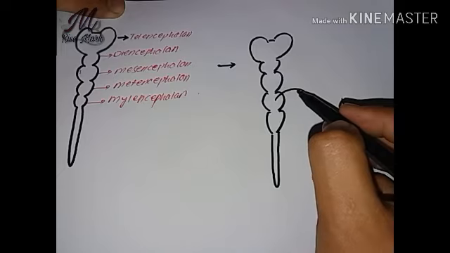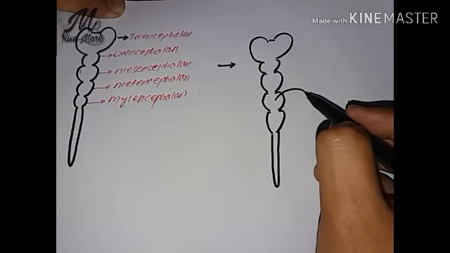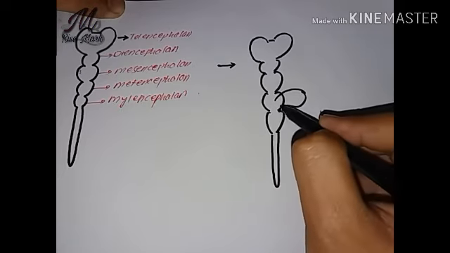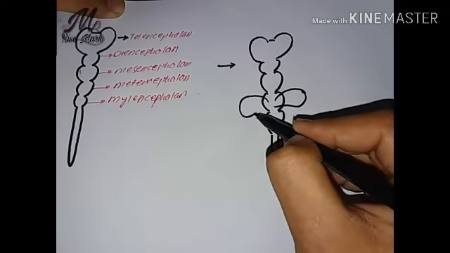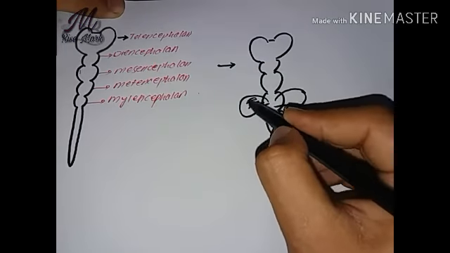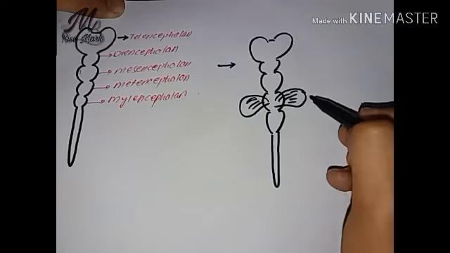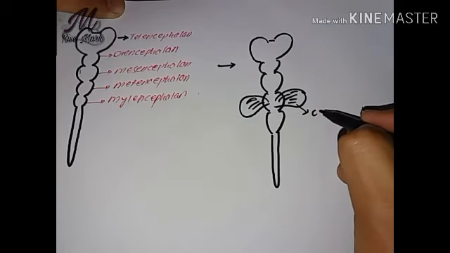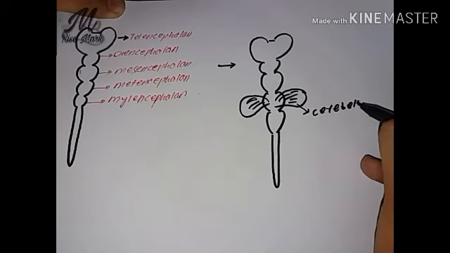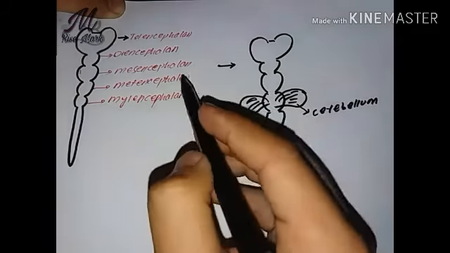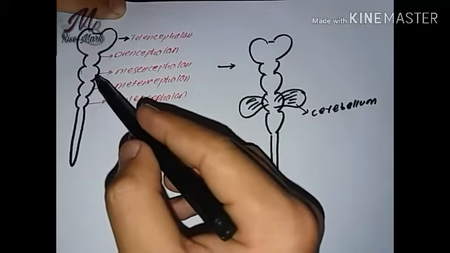At the metencephalon, a bulge starts growing posteriorly and develops the cerebellum. So posteriorly this is the cerebellum, and anteriorly you can see this is the pons.